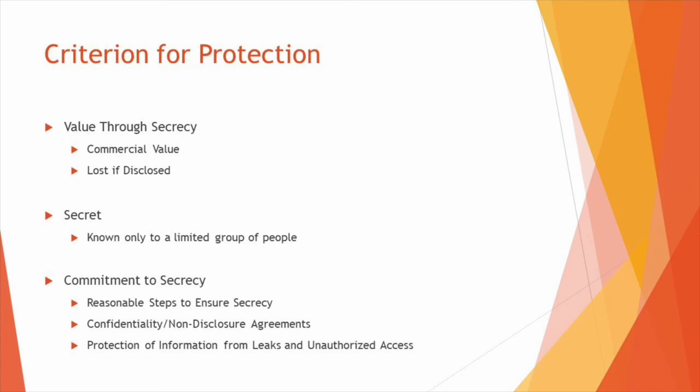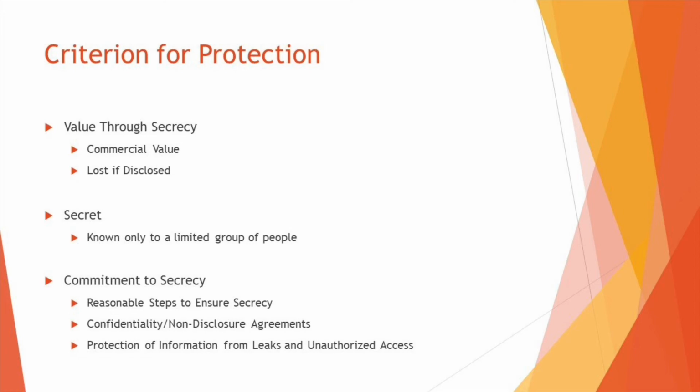And third, you have to demonstrate a commitment to secrecy. Simply because something is valuable and a number of countable individuals hold that information, that doesn't mean that it is a trade secret. You also have to show that there is an intention and a commitment to keeping that information secret. That means you have to show that there are reasonable steps taken to ensure secrecy.